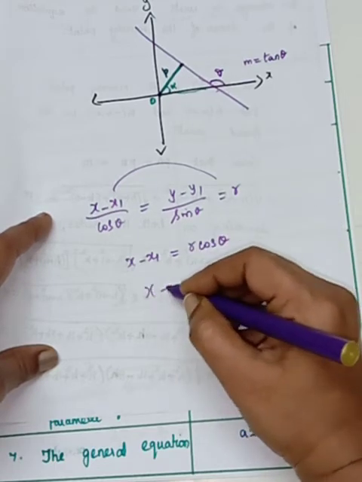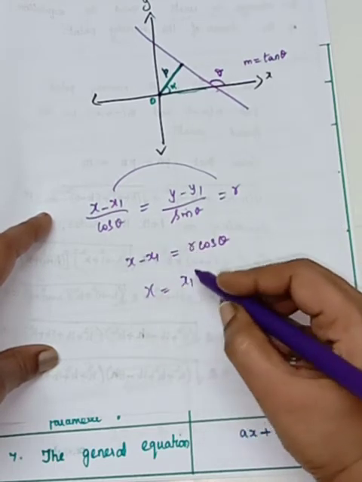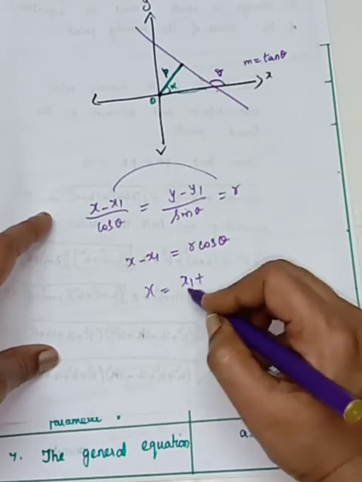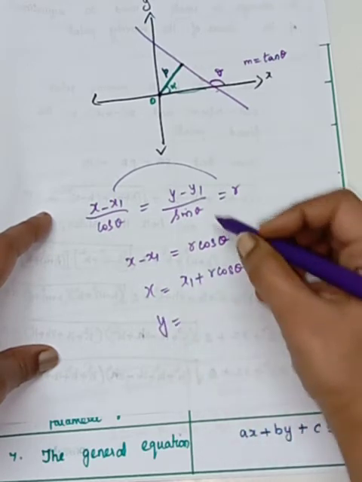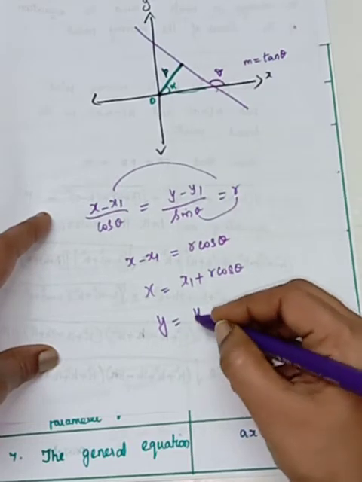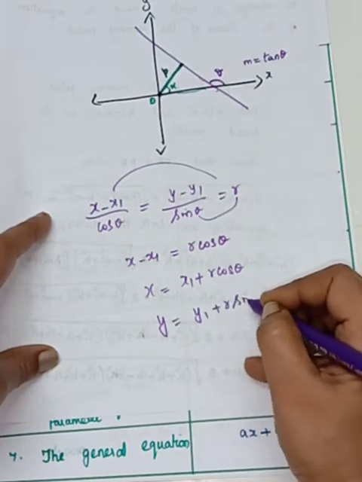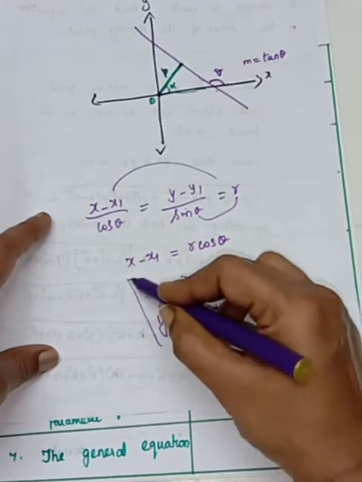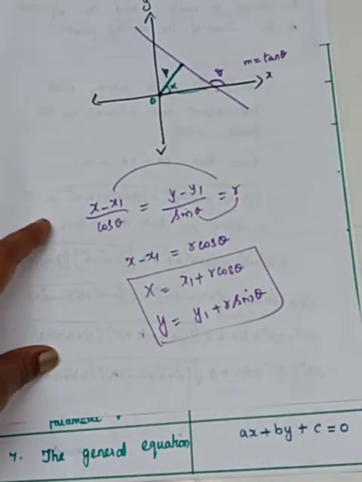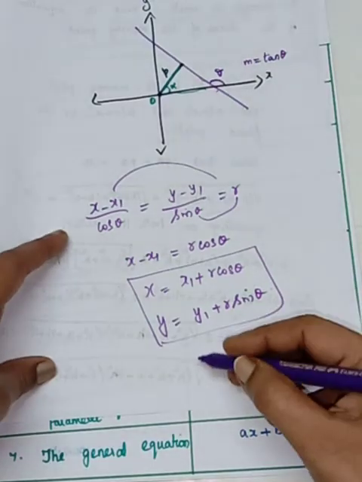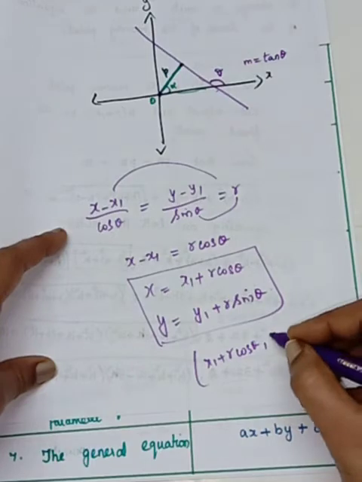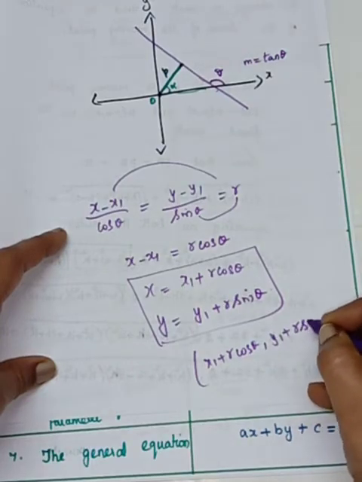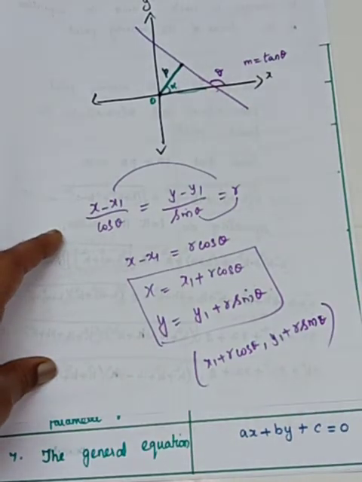So your x is equal to x1, when you bring it to the other side, plus R cos theta. In the same way, if we equate these two, y is equal to y1 plus R sin theta. This is called the parametric form. So x1 plus R cos theta, comma, y1 plus R sin theta, these are the parametric points.